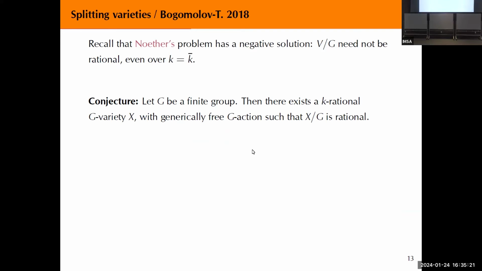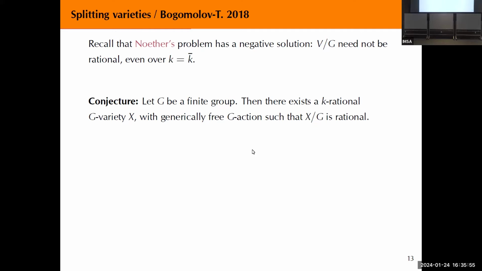And our conjecture, a modified Noether's problem, would be: don't look for representations of G, don't look for linear actions, simply look for actions on rational varieties. They're nonlinear. And then we hope that for any finite group G, there will be a rational G-variety with a generically free action, so that the quotient is rational.